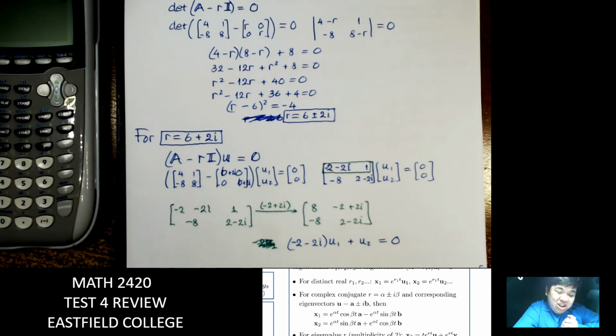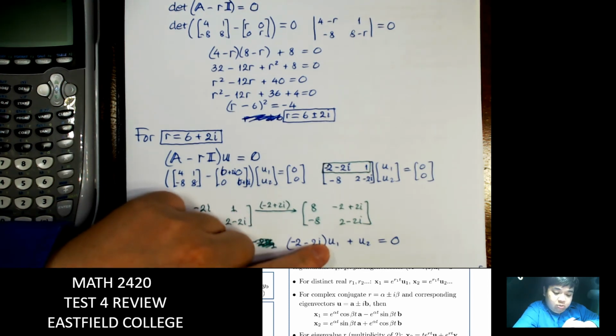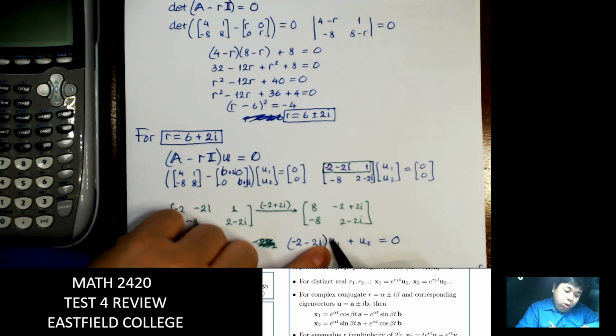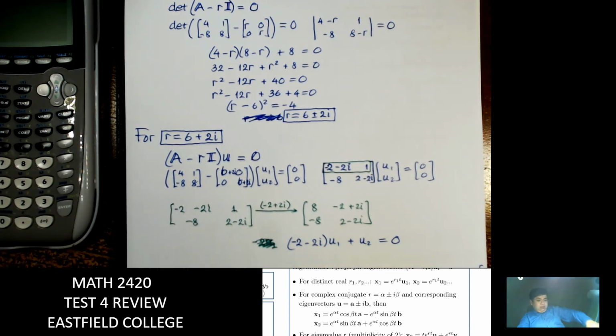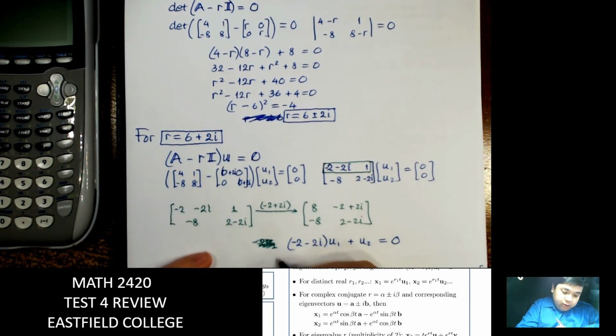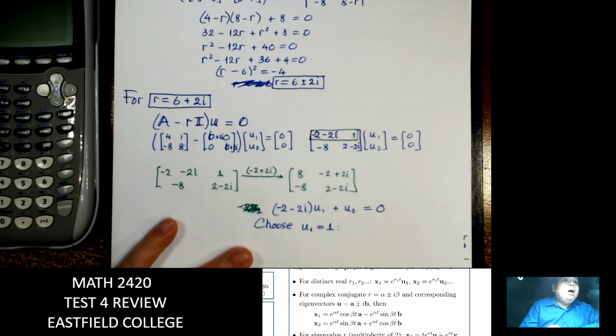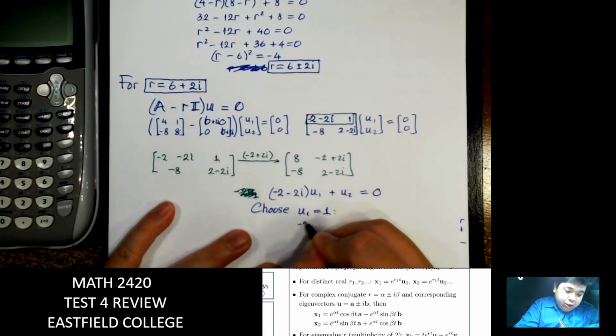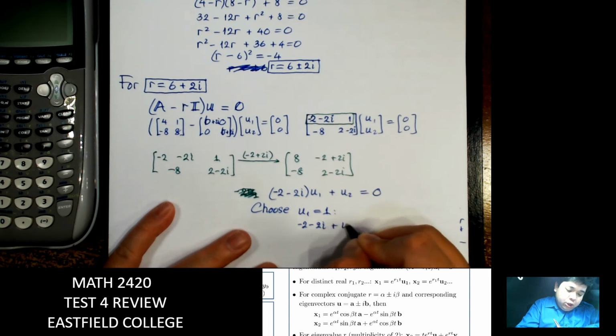This doesn't matter. Alright, so here we choose u1 to be 1. So let u1 be 1. Then we have negative 2 minus 2i plus u2 equal to 0.